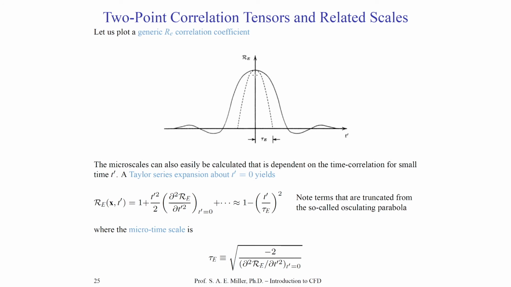So all we have to do is find the second derivative with respect to time of the graph of the autocorrelation, where my cursor is. And take -2 and divide it by that value, take the square root, and we will be guaranteed, of course, to find a positive value for tau e. Why is it positive? Of course, because this is the maximum value of the curve by definition, where it's 1. And it must, of course, be less than 1 to the left and right of the 0 axis. You can show that through a mathematical proof if you're curious.